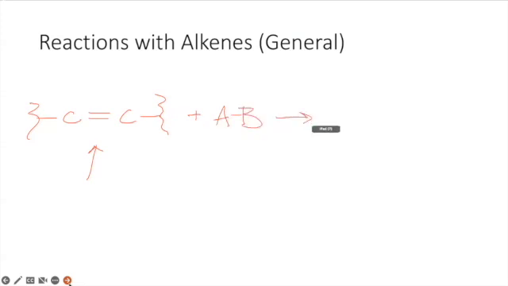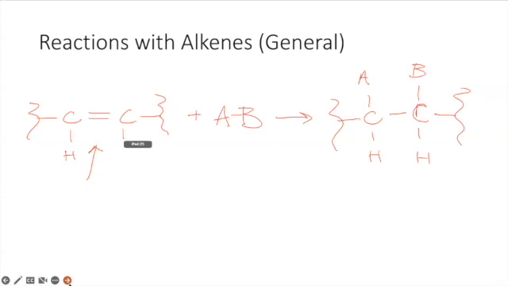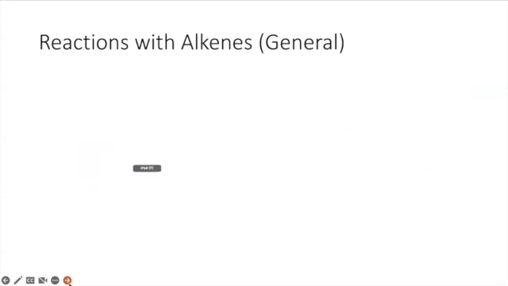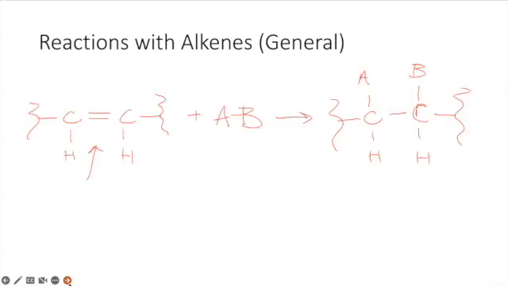And what happens when we put a double bonded alkene in there with AB, we end up reducing that double bond and adding AB across it. So I'm going to draw out the implied hydrogens here. They're here as well. So that's a general reaction.